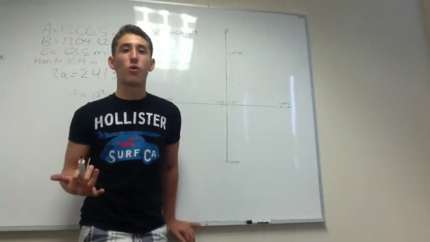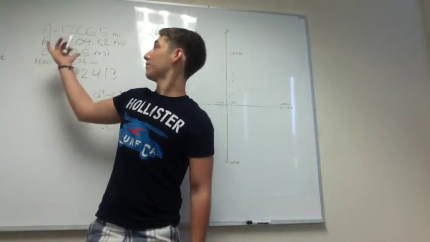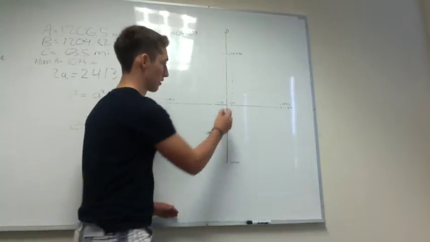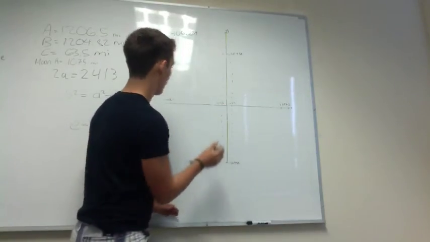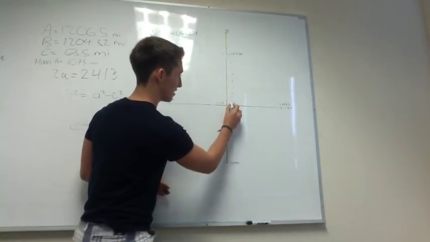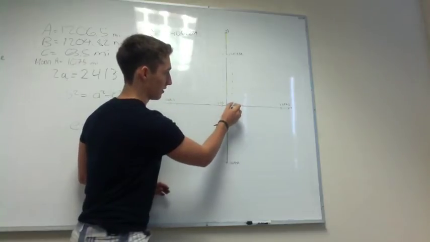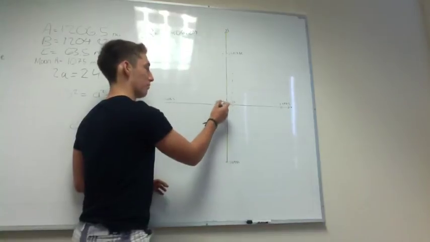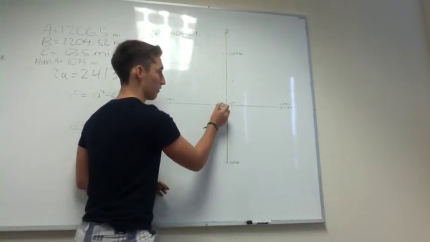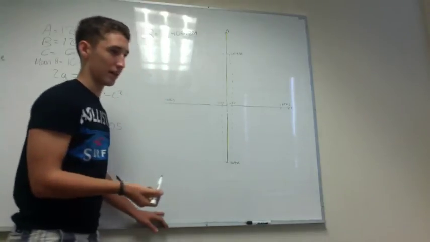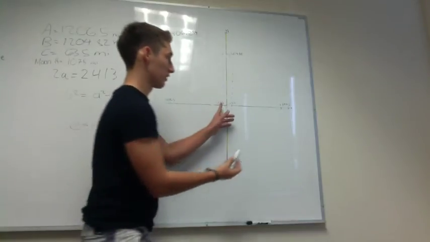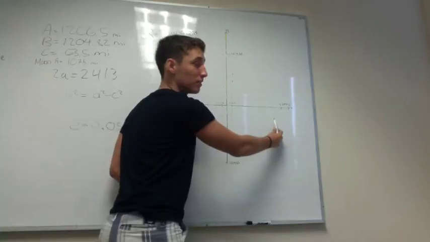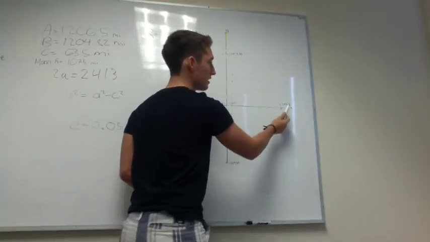and get as a result 1204.82 miles. So, once we know the points a, b, and c, we can graph by plotting the points. Here's the center at the origin, and the distance c, 63.5, will be a focus, and the other in the opposite, minus 63.5. Then we know that the distance from here to here, which means a, will be 1,206.5.